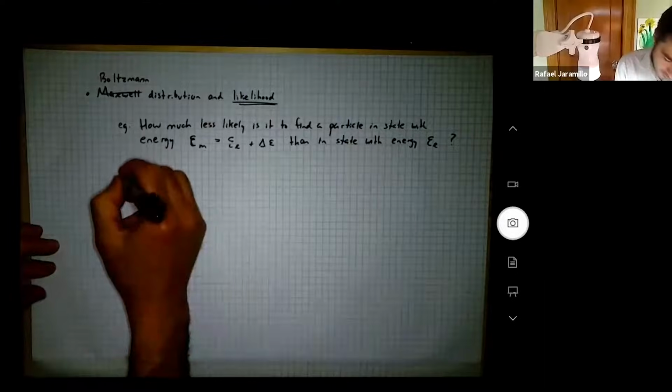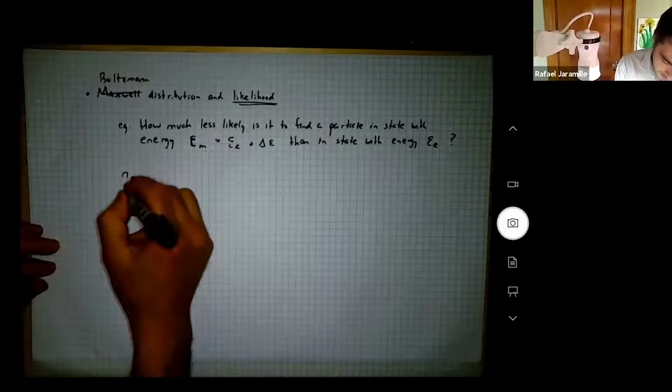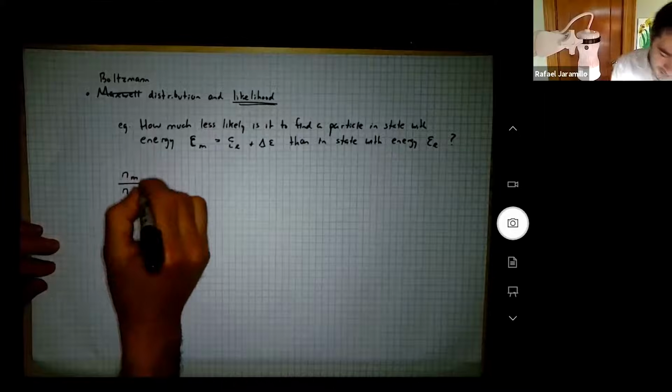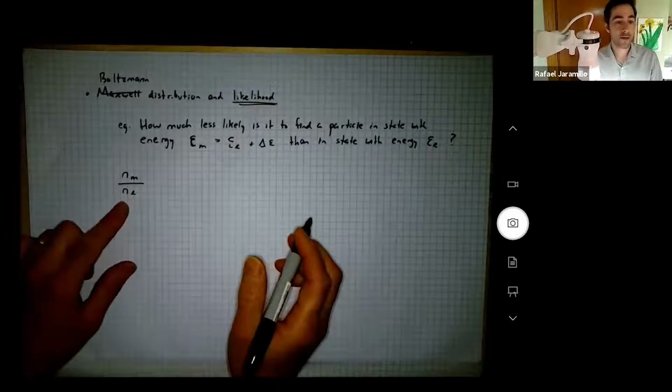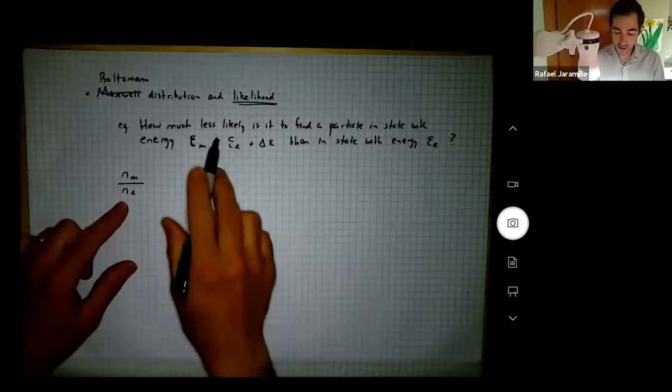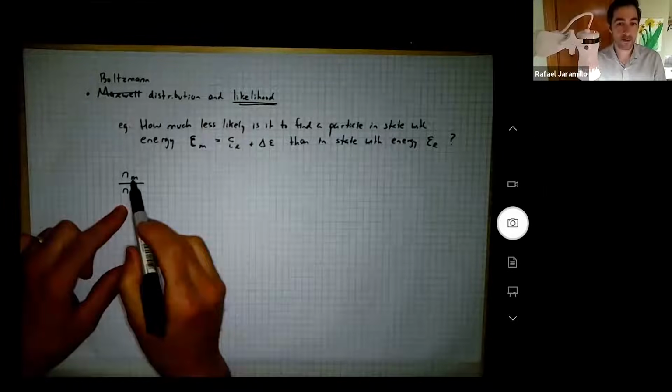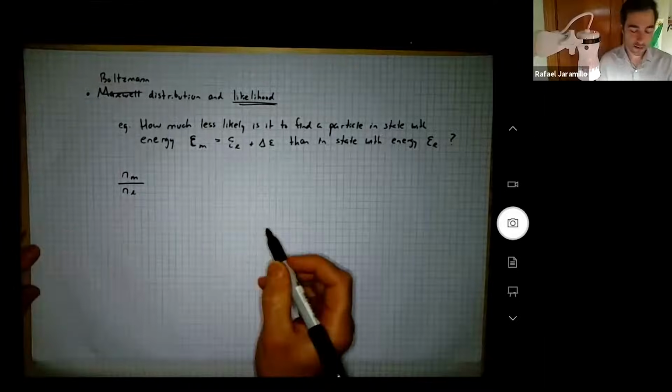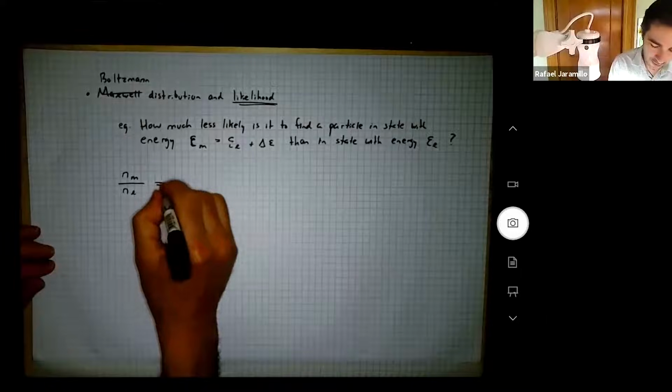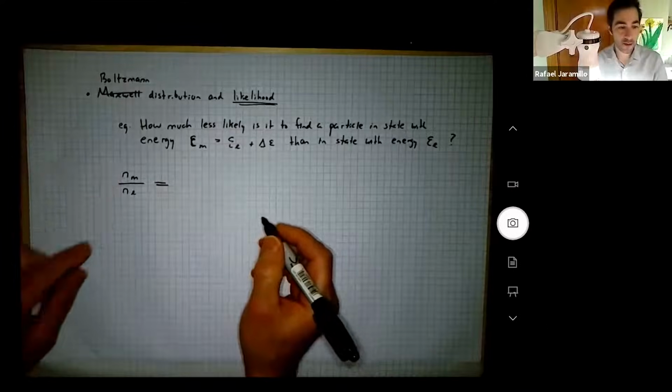So let's see, N M over N L, right? That's how you turn the word problem into a math problem. How much less likely is it to find this distribution than this distribution? Or within the equilibrium distribution, how much smaller is this number than this number?